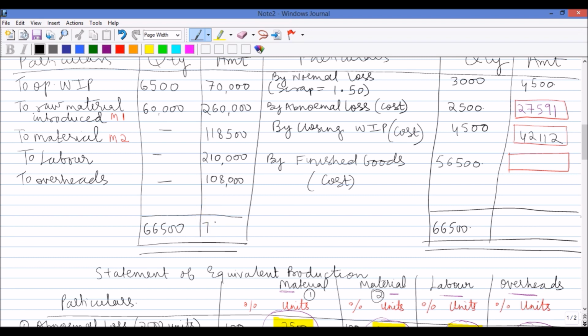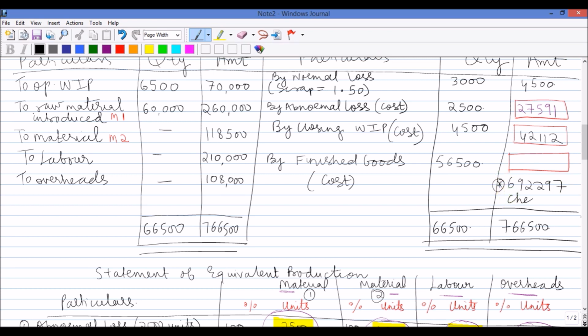So this is 766,500. So I'm subtracting all these three. So minus 4,500, 27591 minus 42112. So my answer should come 692,297 as a balancing figure.